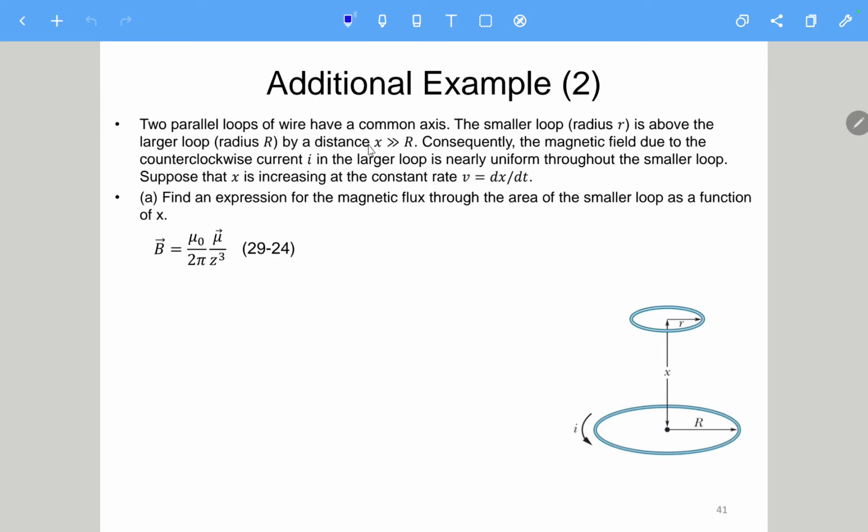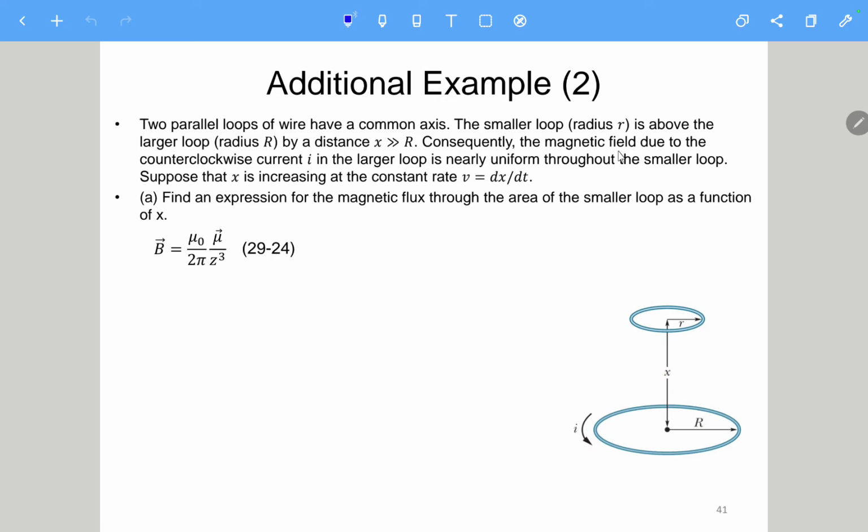Then we call it a common axis because this axis should be perpendicular to the plane. Okay, so the smaller loop of radius r, the top one, is above the larger loop by the distance x. This x is much larger than capital R. So this is quite far away, but of course you cannot draw too far away. So it just tells you here.